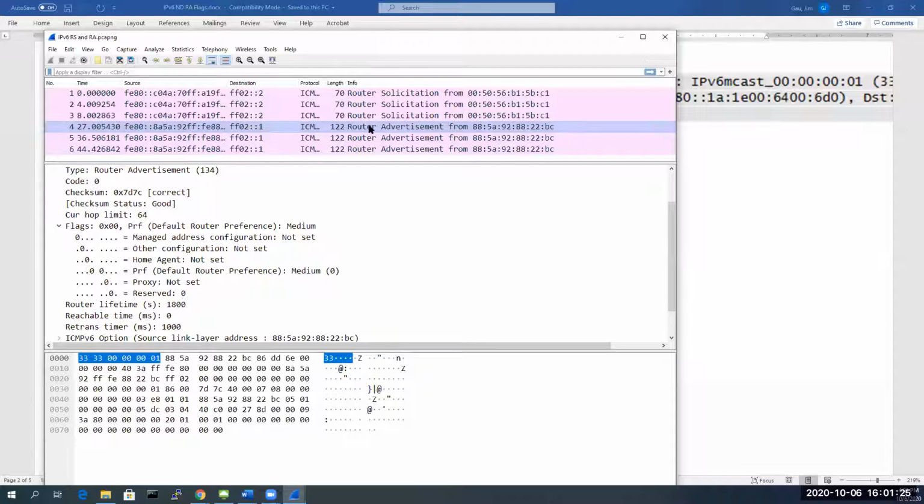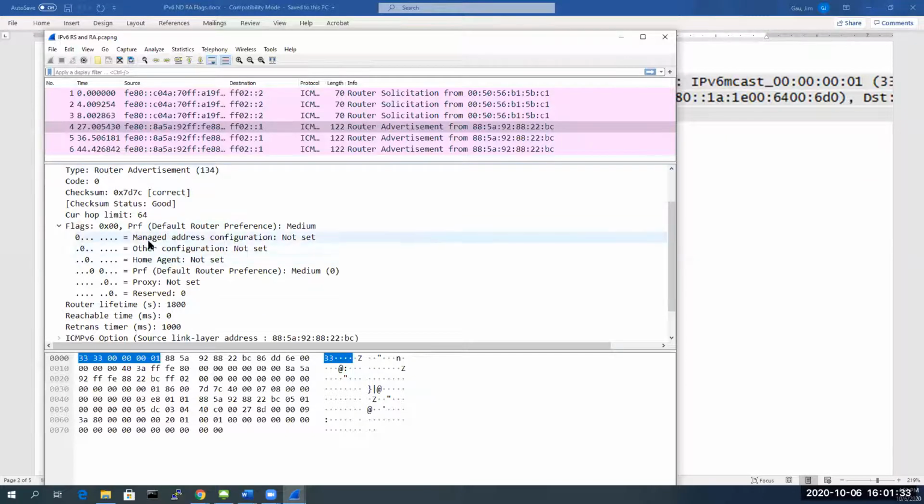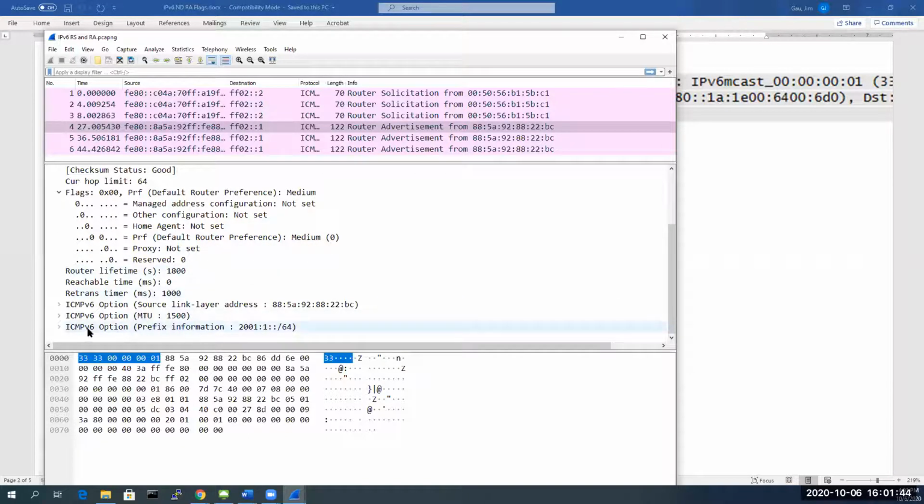If you look at the IP layer, in the flag here, you can see that, hey, managed is 0, and other is also 0. So that is where we find the flag, and you can see the prefix.